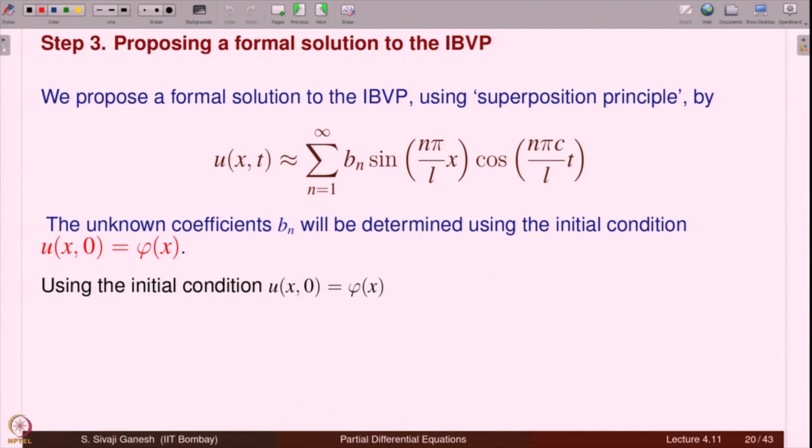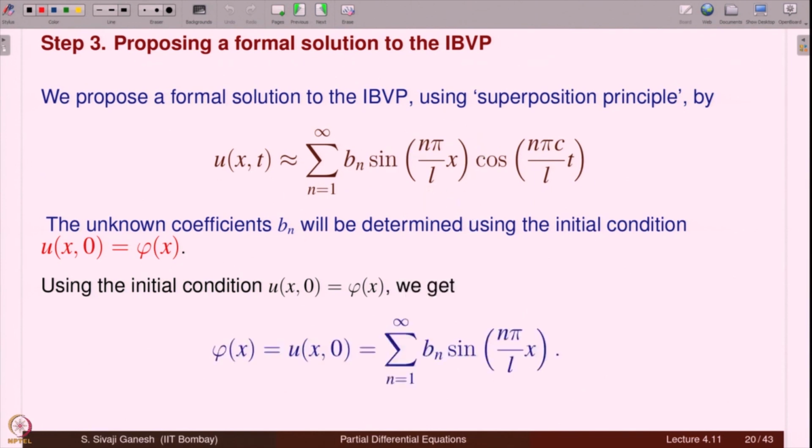Now, using the initial condition ux 0 equal to phi x, put t equal to 0, cosine 0 is 1. So, phi x is bn sin n pi by l x. So, this gives us an idea what the coefficient bn should be. Later on we have to prove everything rigorously, okay. This is only for guessing what the bn should be.